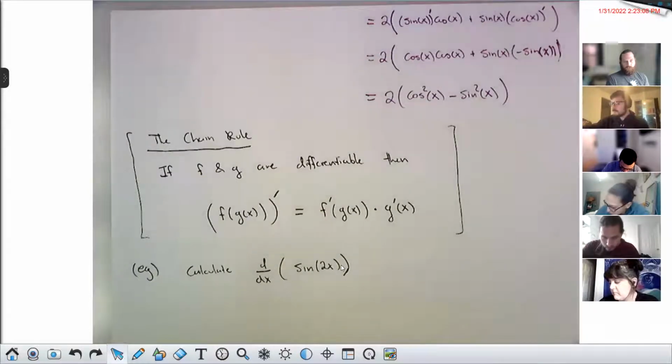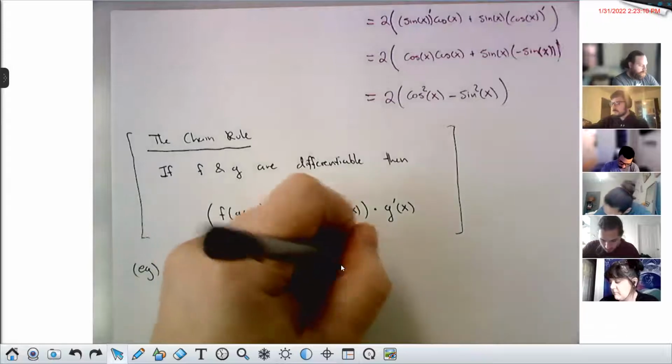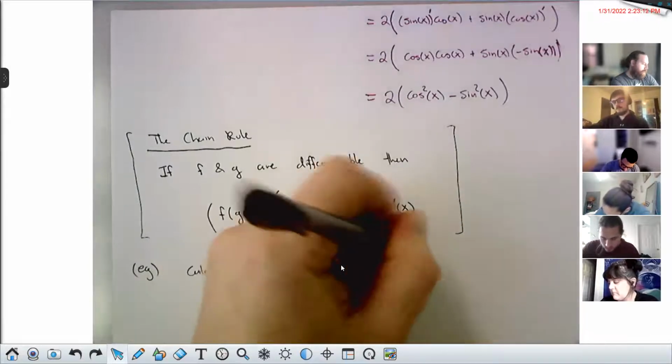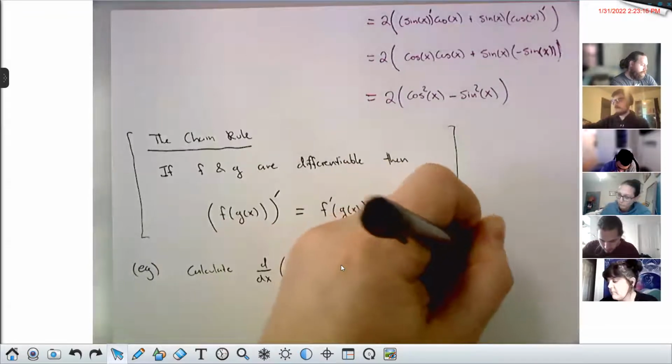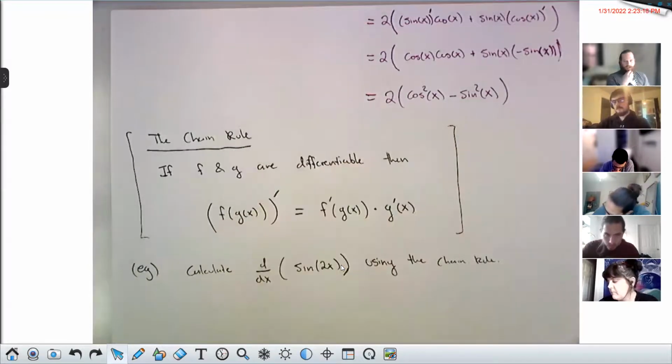In other words, I want to find the derivative of sine of 2x. Same thing we just did, but this time I'm going to do it using the chain rule. And the name of the game here is to identify your outer and your inner.